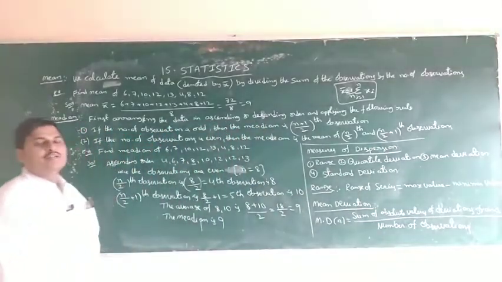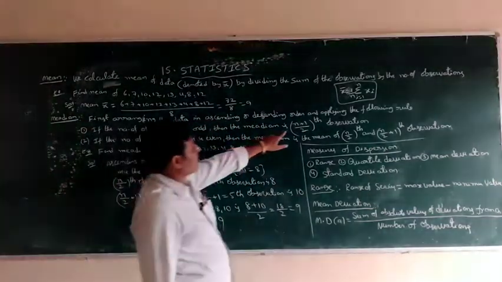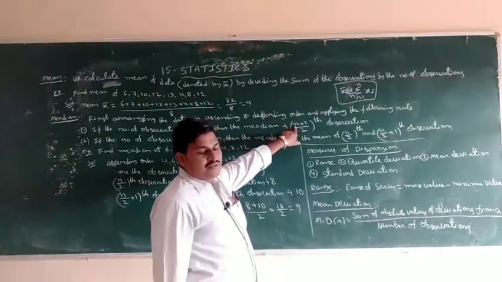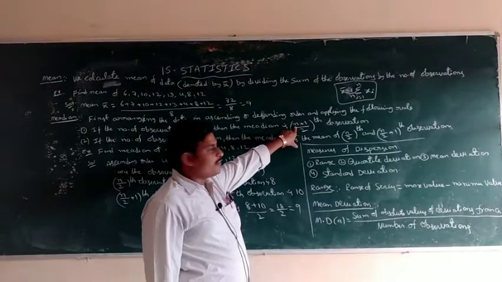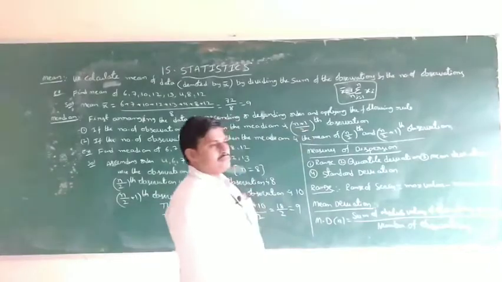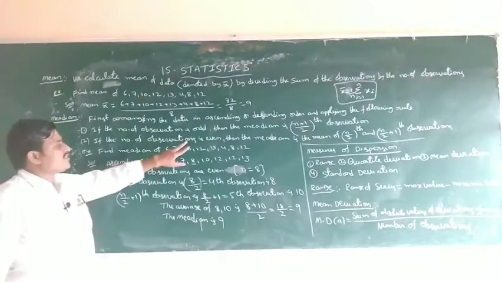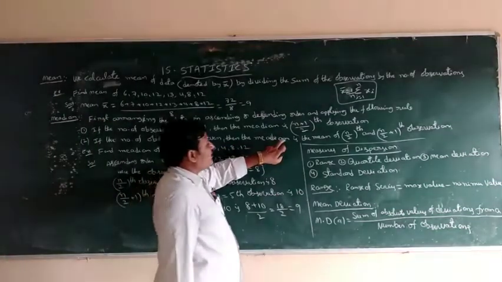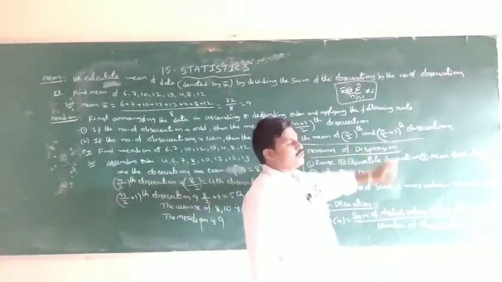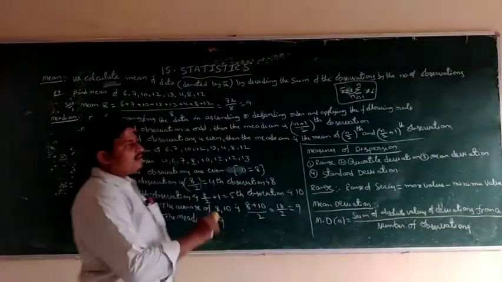When the given observations are odd, it is n plus 1 by 2, a single median. When they are even, there are 2 medians, and the median is the average of the 2 medians.